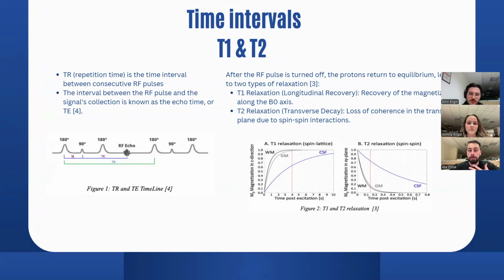One is longitudinal recovery, T1 relaxation, the recovery of the magnetization along the B0 axis, and the other is T2 relaxation, which is transverse decay, the loss of coherence in the transverse plane due to spin-spin interaction. As you can see from figure 2, different tissues, white matter, gray matter, and CSF, have different T1 and T2 relaxation.